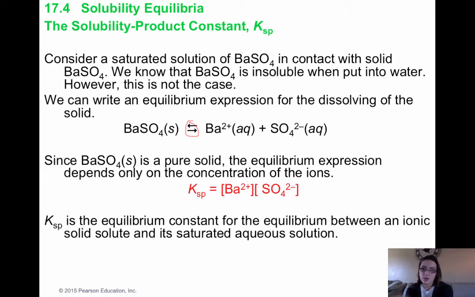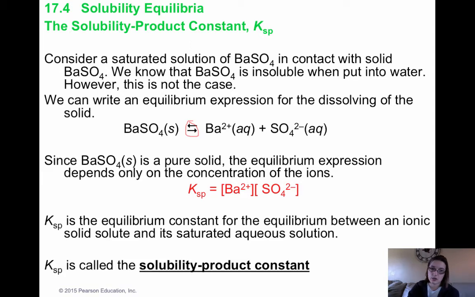Ksp is the equilibrium constant for the equilibrium between an ionic solid, typically insoluble, and its saturated aqueous solution. Ksp is called the solubility product constant. Now, typically you see negative exponents, so the larger Ksp is the more positive, the less negative.